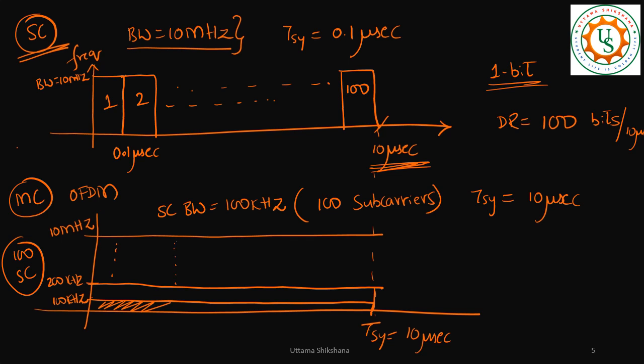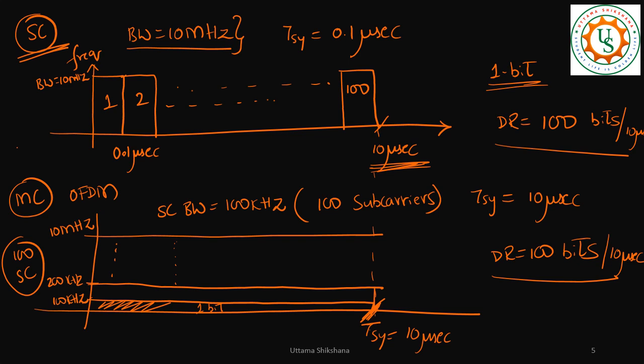Basically, it's multiplexing, and we multiplex in such a way that we are able to recover this at the receiver without any problem with respect to intersymbol interference. If each subcarrier carries one bit, then in the same 10 microsecond duration, how many bits would I have? 100 bits, because each subcarrier carries 1 bit and we have 100 subcarriers, so 100 bits per same 10 microseconds. Can you see here? Both of them give the same data rate.